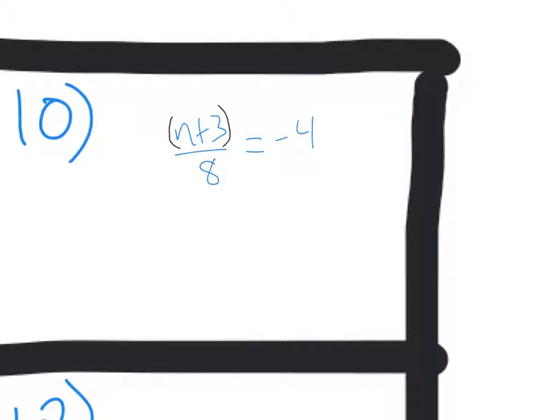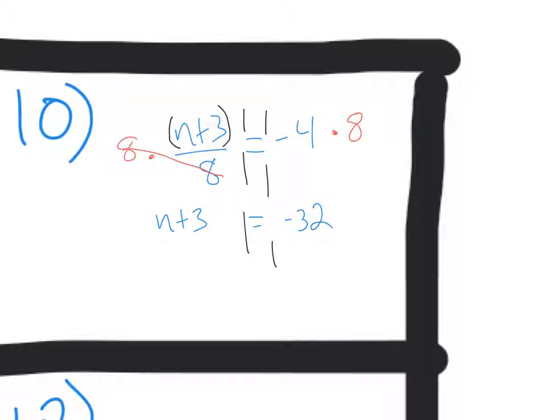Let's go ahead and figure out how we can get rid of a divided by 8. The opposite of dividing by 8 is multiplying by 8. So I'm going to multiply this side by 8. Nice cancellation. Whatever I do to one side, I have to do to that other side. N plus 3 comes down. Negative 4 times 8 makes a negative 32.